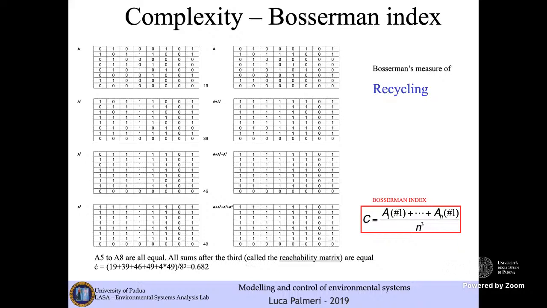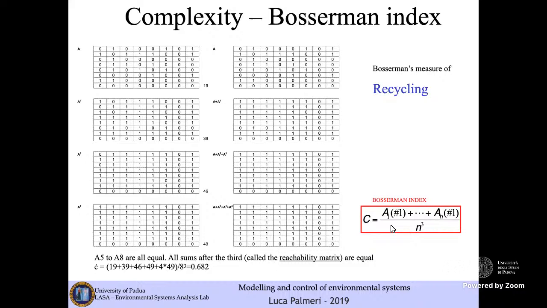The Bosman recycling index is the sum of ones appearing in the adjacency matrix and subsequent powers up to power 8, of course, because we have 8 rows and lines, divided by the cube of the number of rows and lines.